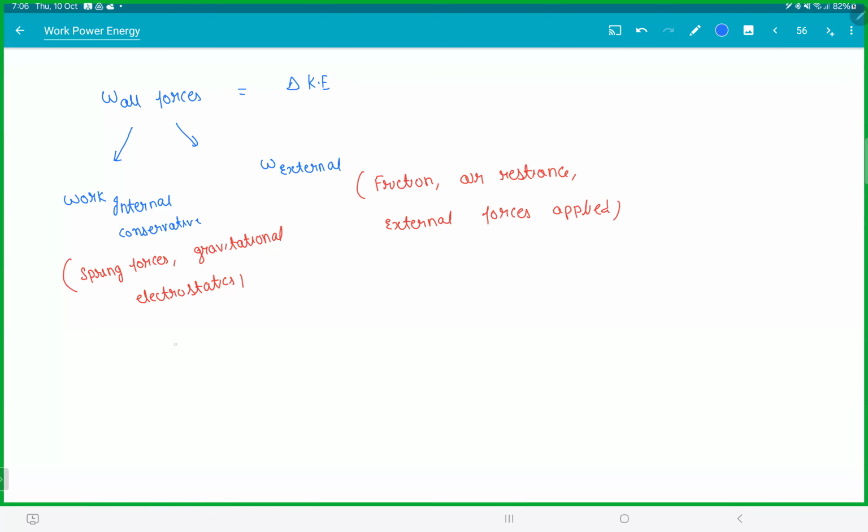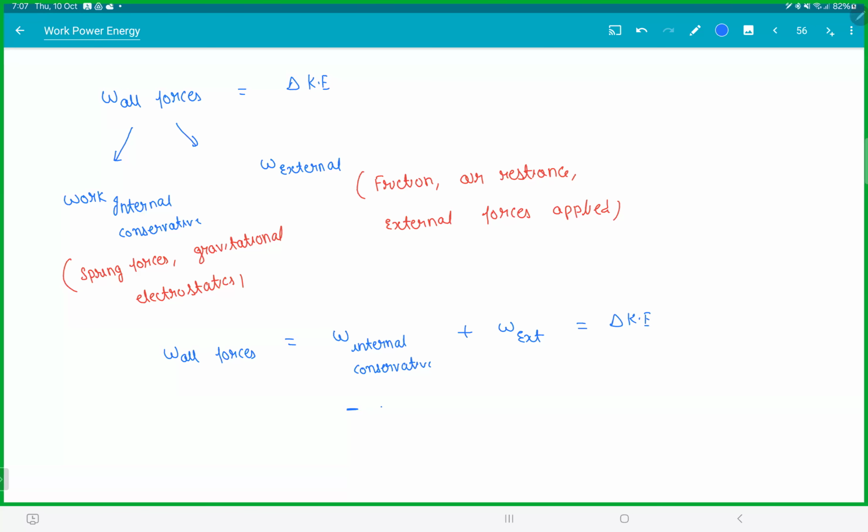So work done by all forces is work done by internal conservative plus work done by external forces, which is change in kinetic energy.